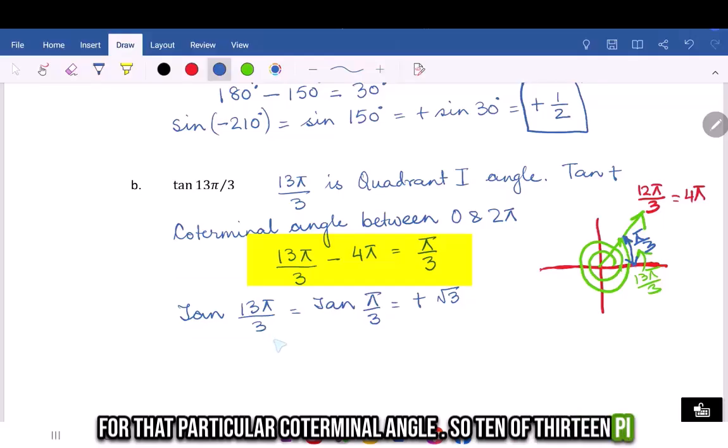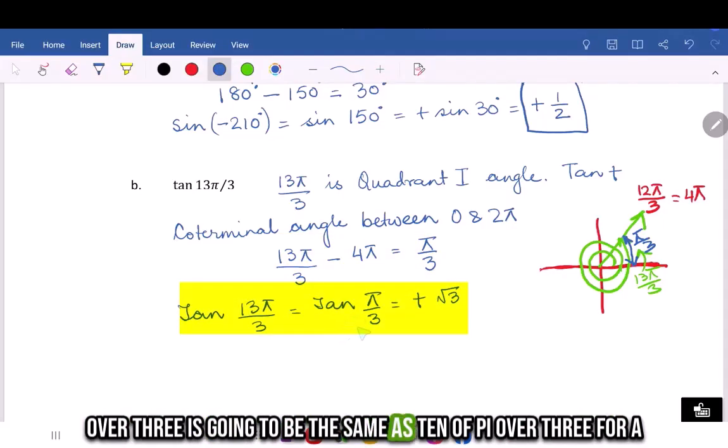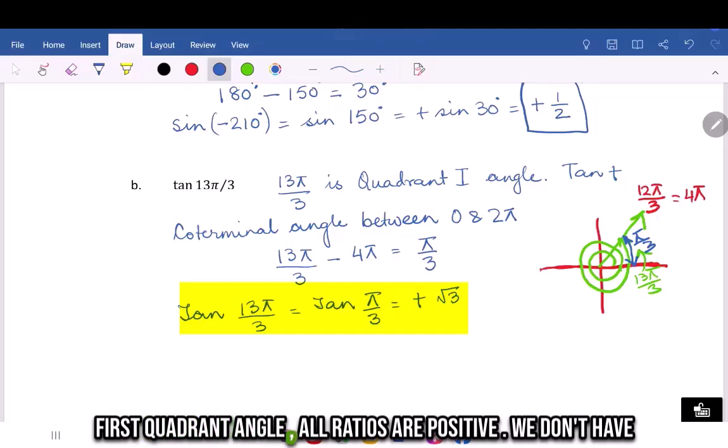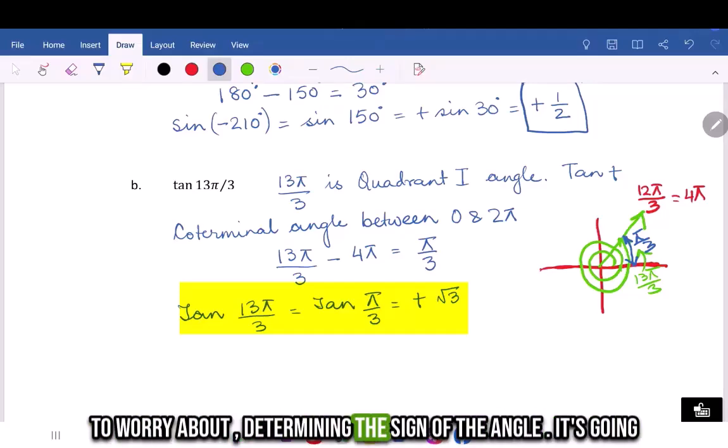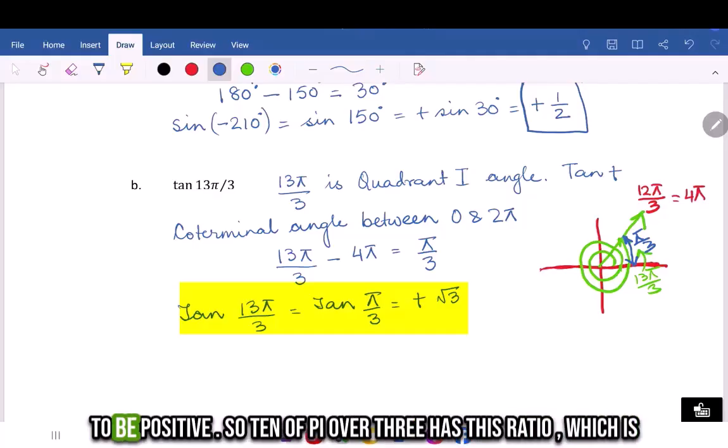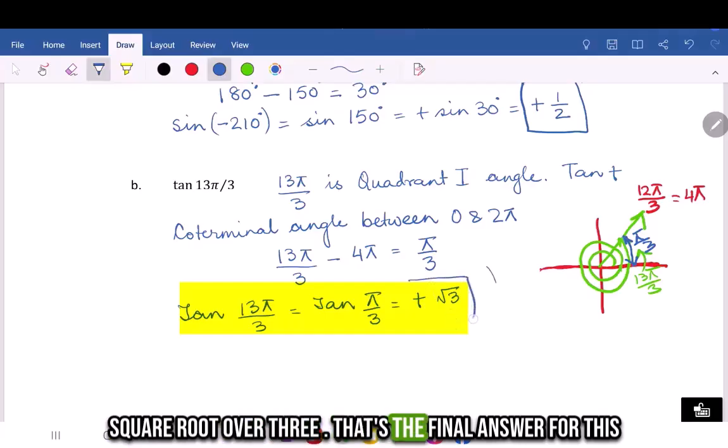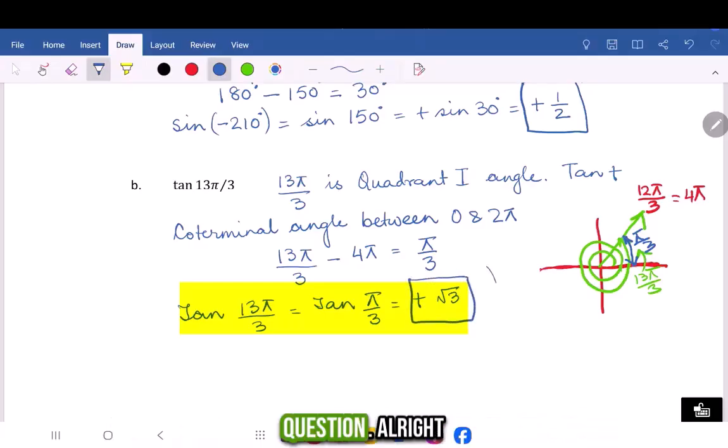So tan of 13 pi over 3 is going to be the same as tan of pi over 3. For a first quadrant angle, all ratios are positive. We don't have to worry about determining the sign of the angle. It's going to be positive. So tan of pi over 3 has a ratio which is square root of 3. That's the final answer for this question. All right.